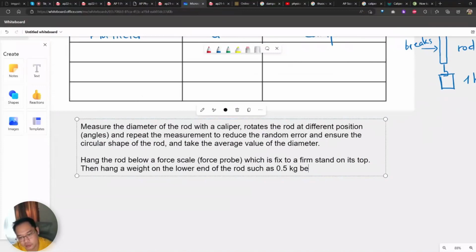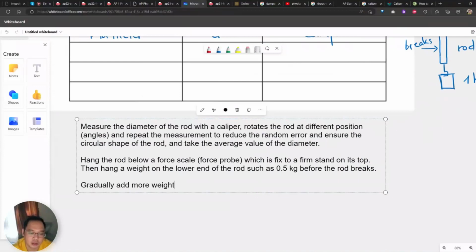Take away the lower end before the rod breaks. Gradually add more weight to the hanger below the rod.